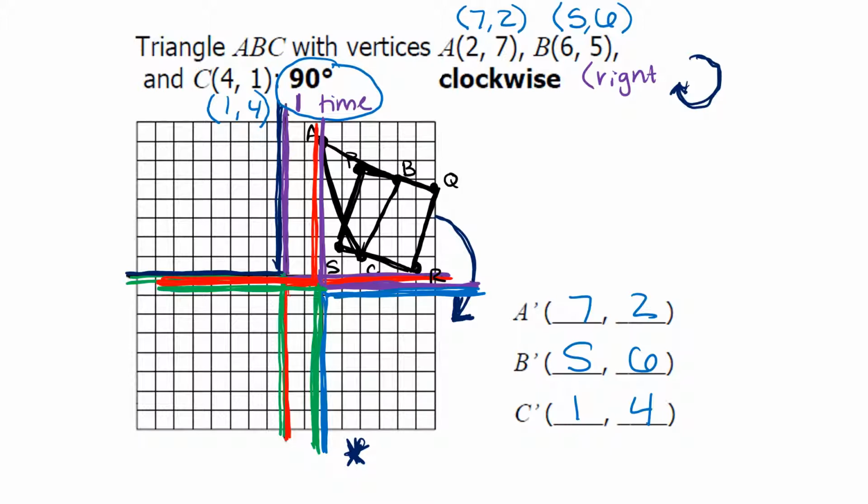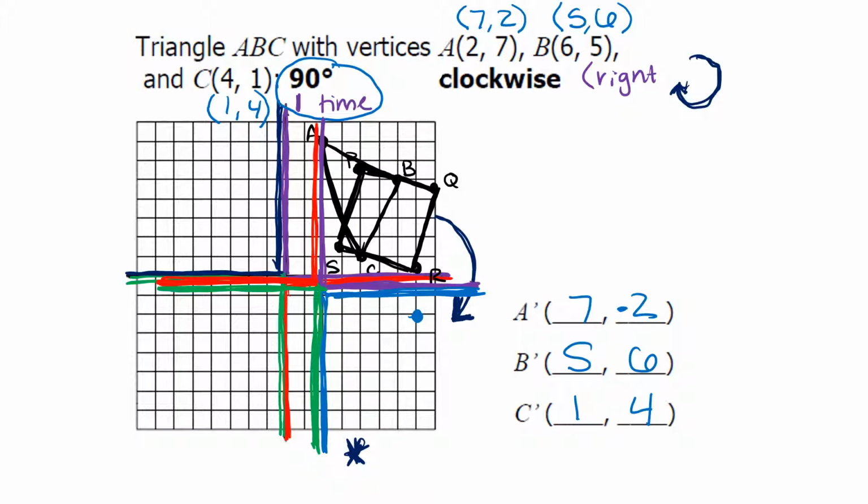The last step on our notes was to make sure that we match the positive and negatives to the location on the graph. So for example, for letter A, I need to go over 7, so that's a positive 7. But I have to go down 2 in order to make it into this bottom square, meaning that 2 needs to be negative. For B, I need to go over 5, so that's a positive.